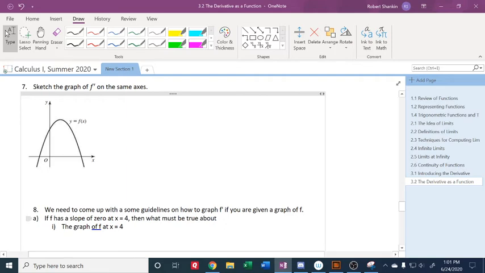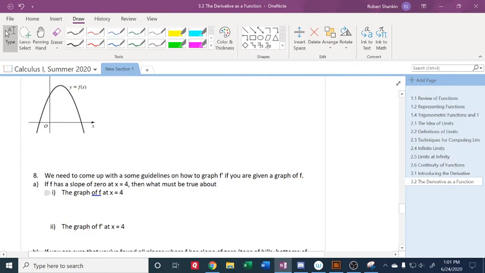Now, this is a theoretical function. It doesn't relate to number 7. If f has a slope of 0 at x equal 4, then what must be true about the graph of f at x equals 4? And then you're going to answer what must be true about the graph of f prime at x equals 4.